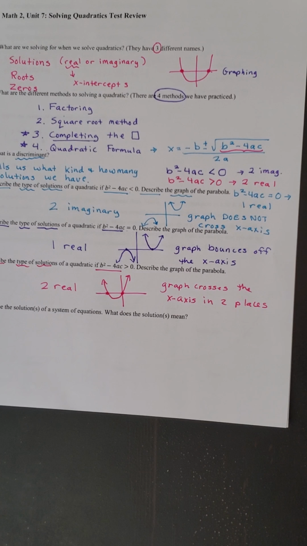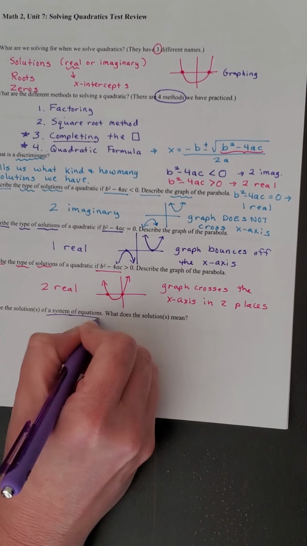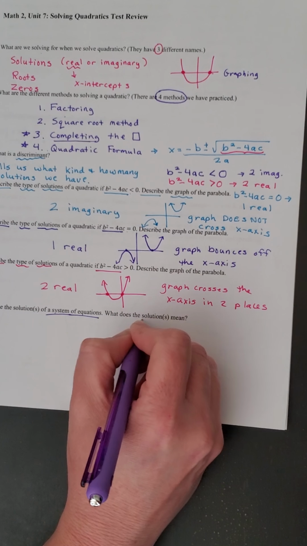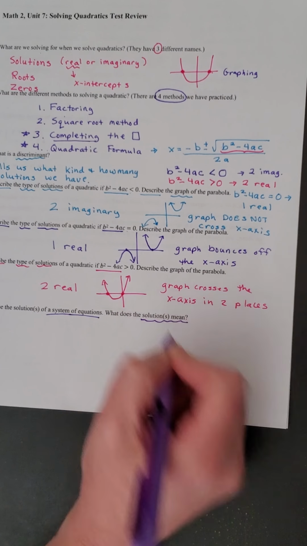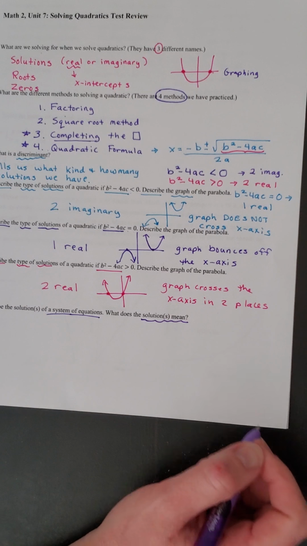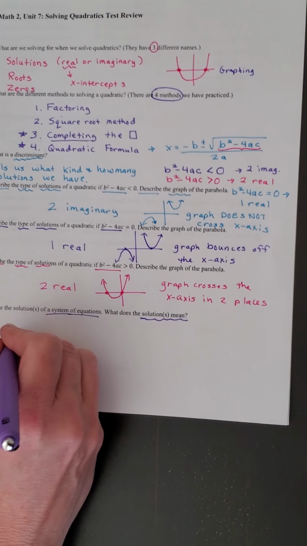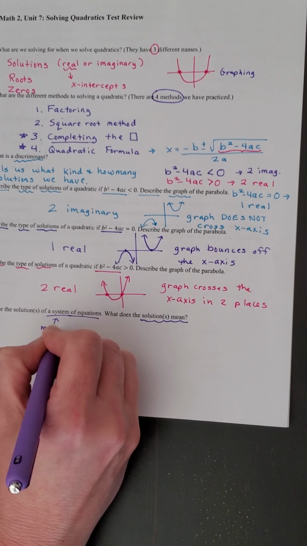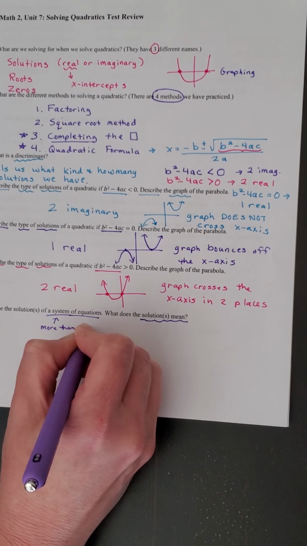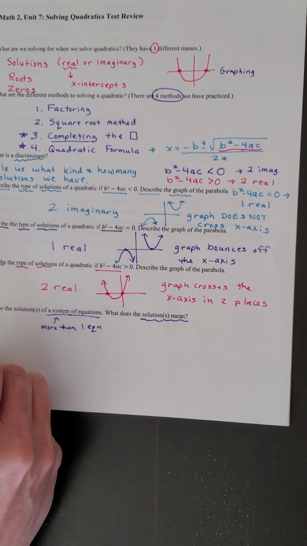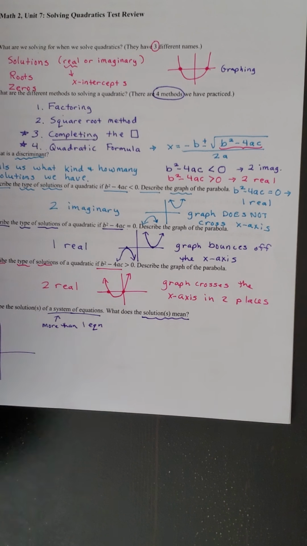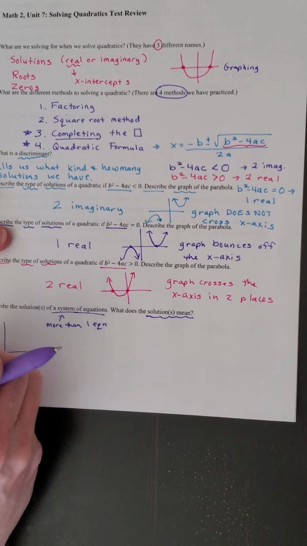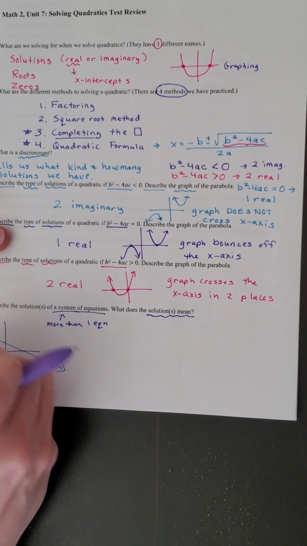Okay. Describe the solution of a system of equations. And what does the solution or solutions mean? All right, so a solution to a system means more than one equation. So you could have, for example, a line doing something like this.